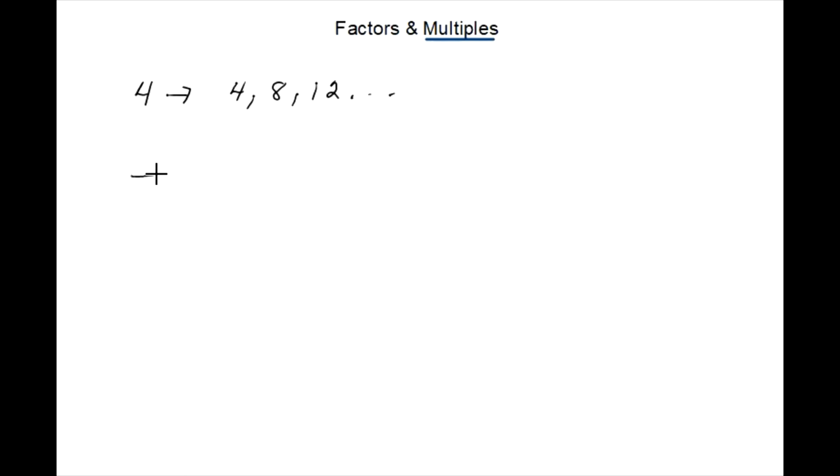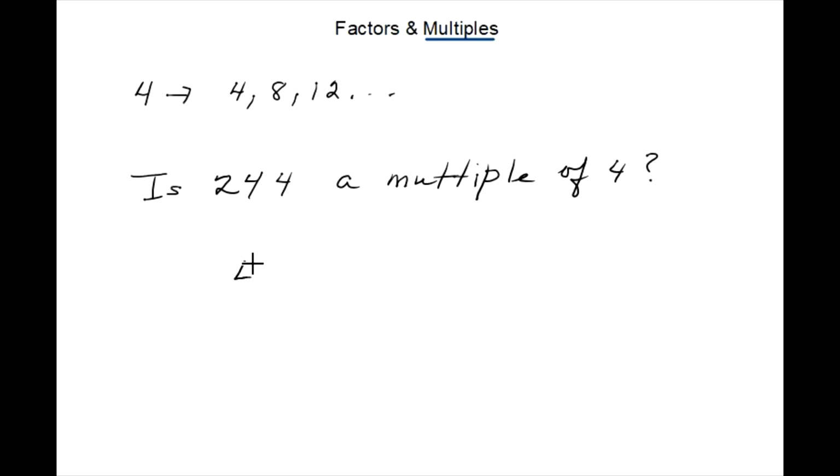So what if I had this question: is 244 a multiple of 4? Okay, well, this is how we do this. We come in here, we're going to do our division, 244. 4 into 24, 4 into 0 can't go, 4 into 24 is 6, so this is 24.